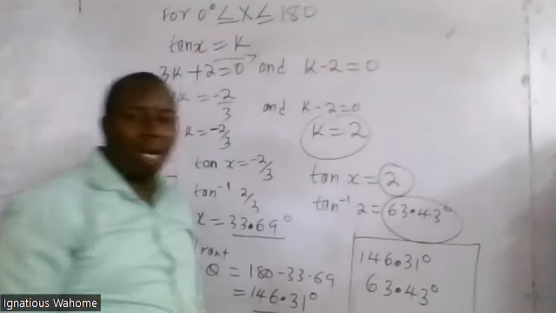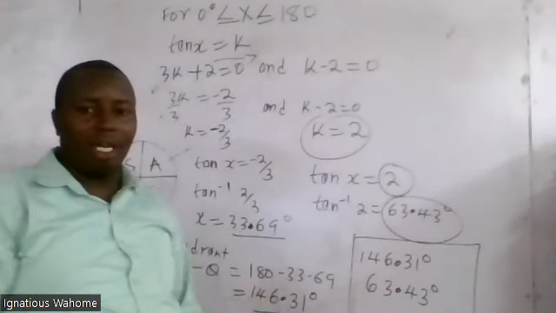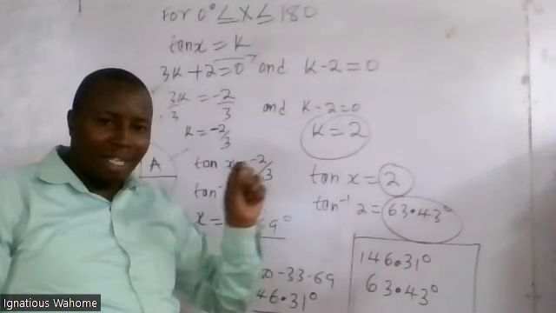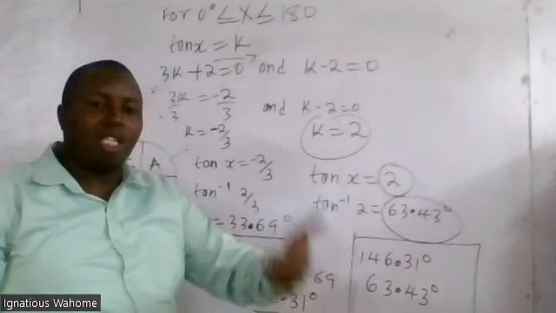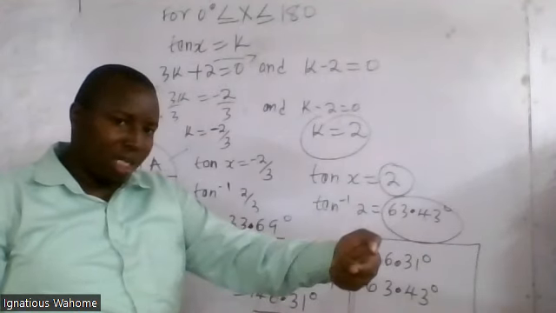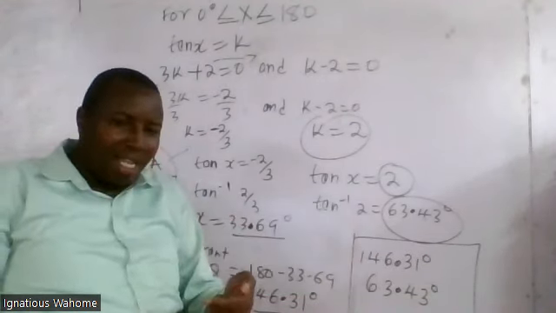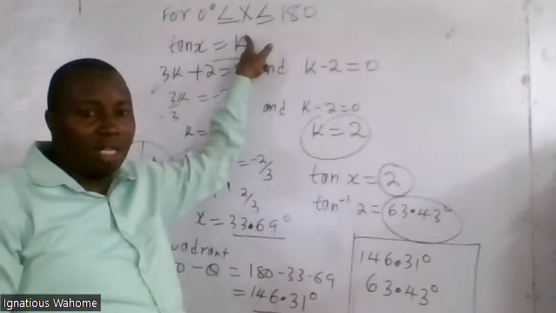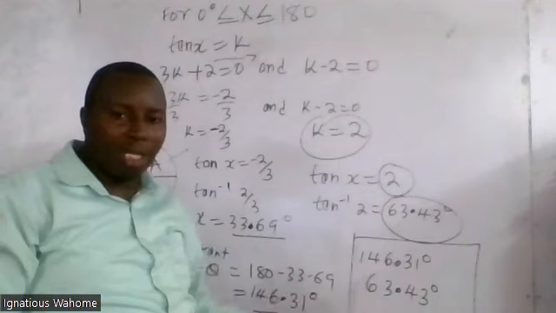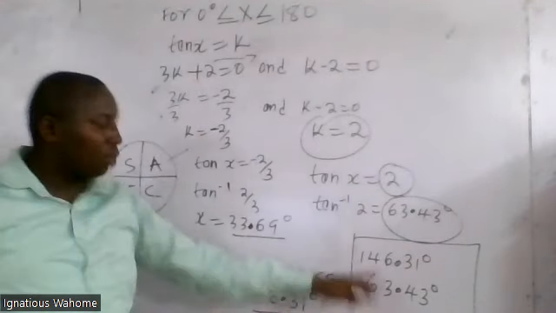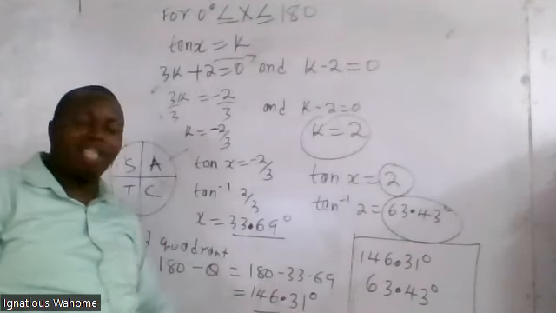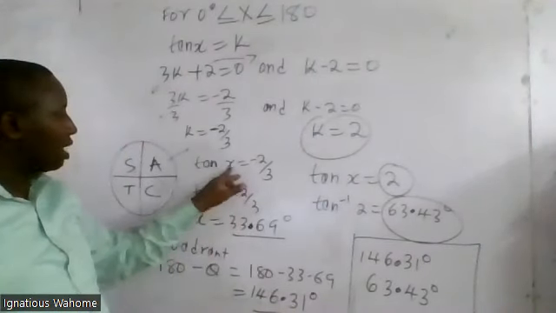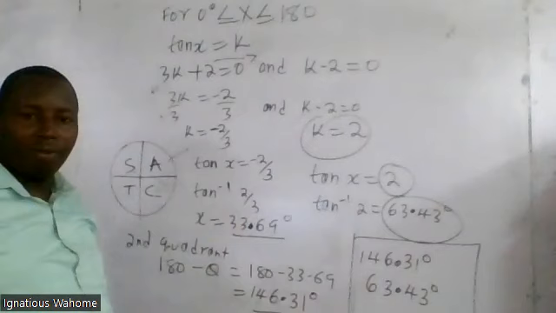These are the only two angles that you require. This 63.43 is where tan is positive, only in the first quadrant, because in the third quadrant the angle will be greater than 180. Then 146.31 is the required angle when tan x is equal to 2 over 3.